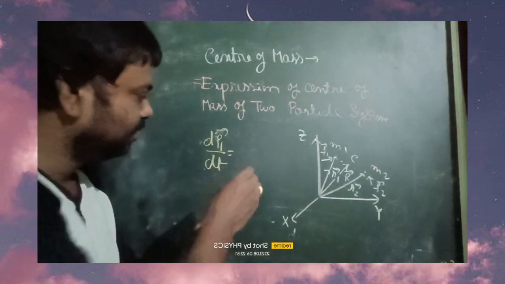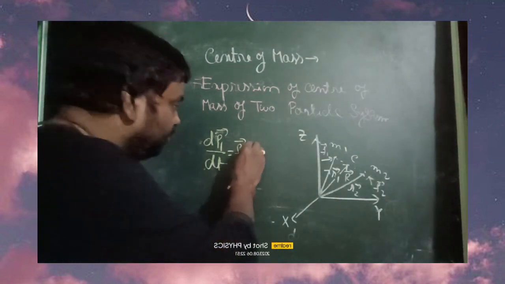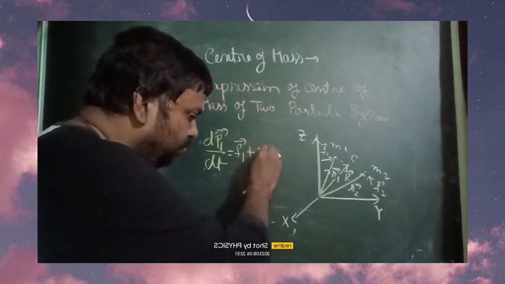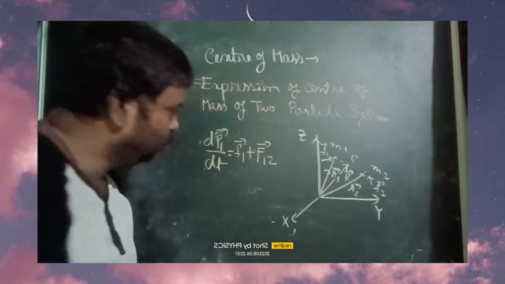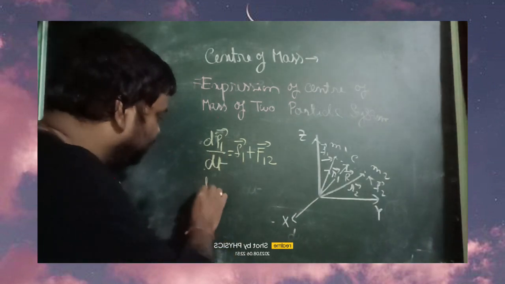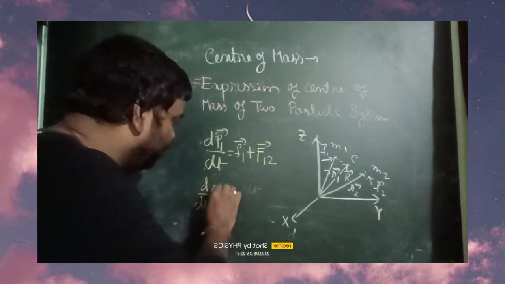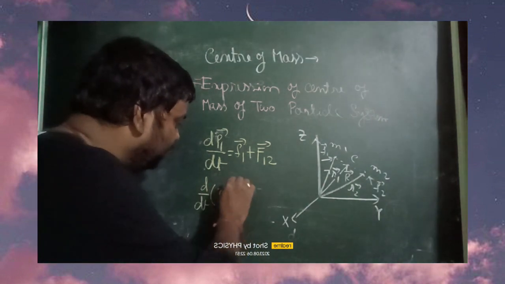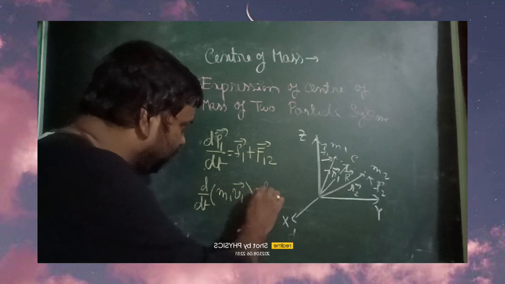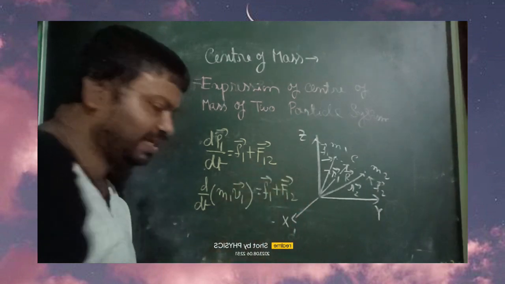On the first particle there is the force F1 plus the internal force F12. Next, d/dt of p1, which is m1 v1 vector, equals F1 vector plus F12 vector.